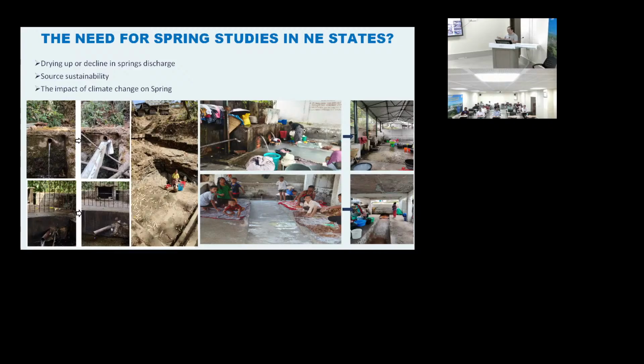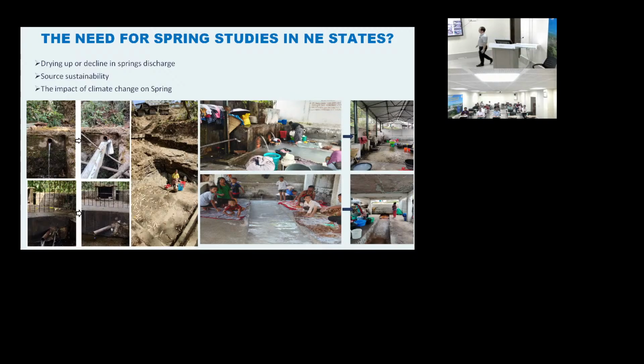You can see in this image how springs are slowly getting dried. Earlier, in past decades, it was a perennial spring. Now it is slowly drying up. Though there are some permanent structures, when we go during a lean period, it's almost dried up.